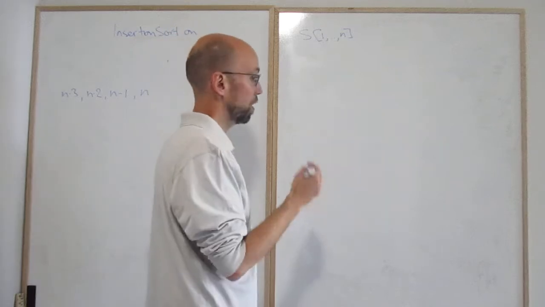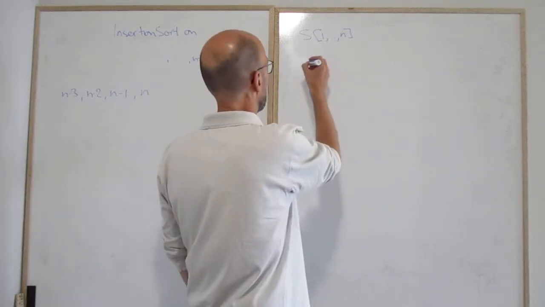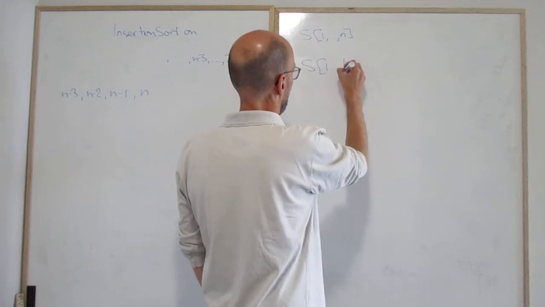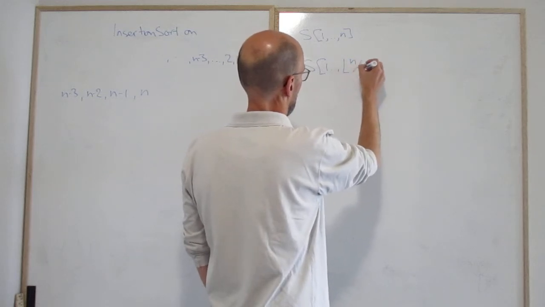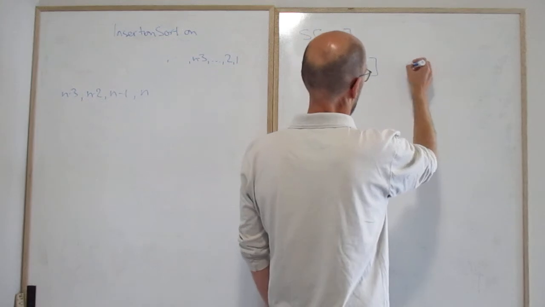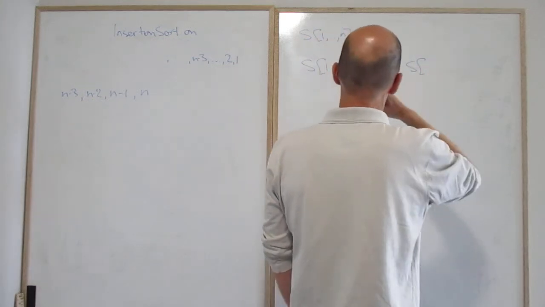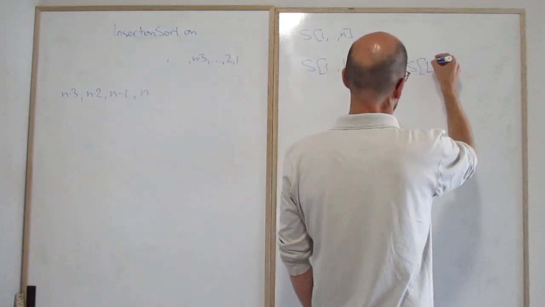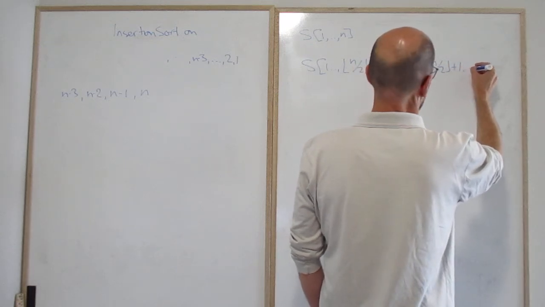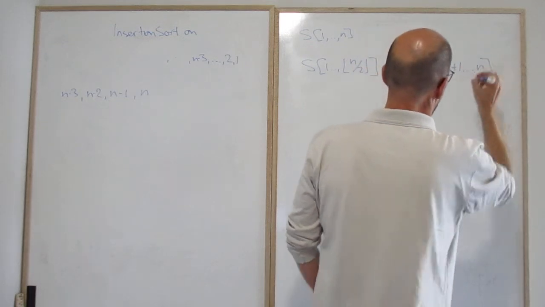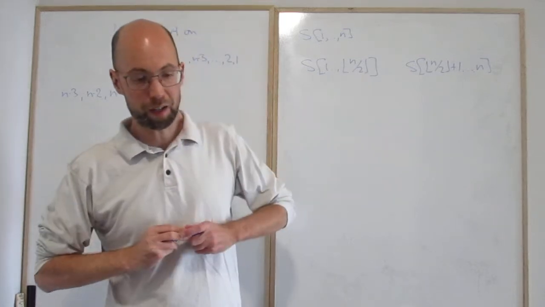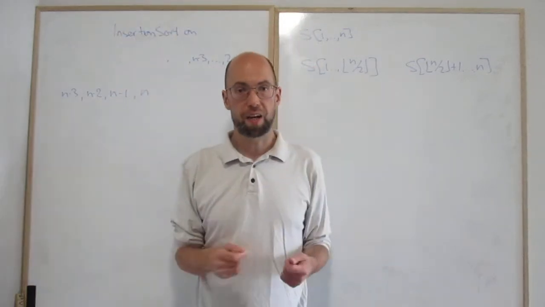We divide it into S1 to floor of n over 2, and S floor of n over 2 plus 1 to n, and then we recursively sort these, and then we merge them. How do we merge them?